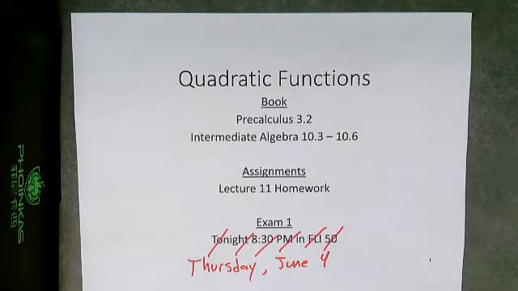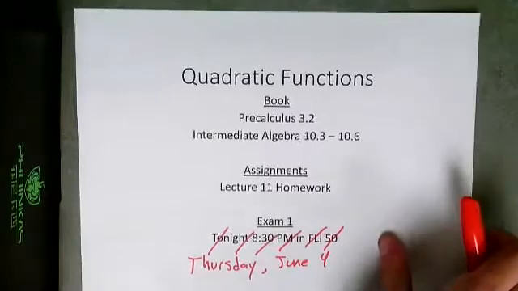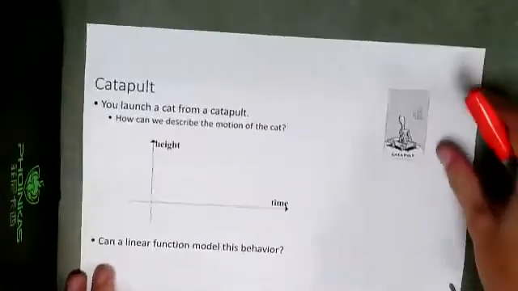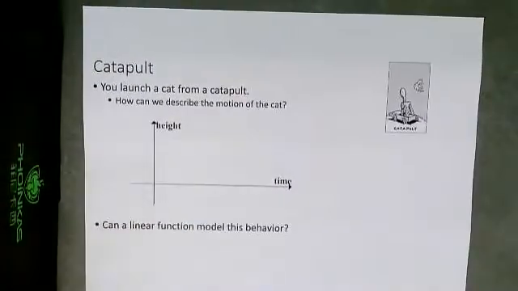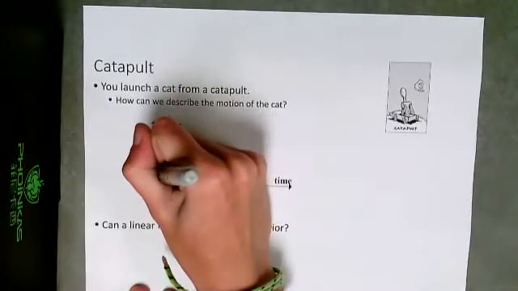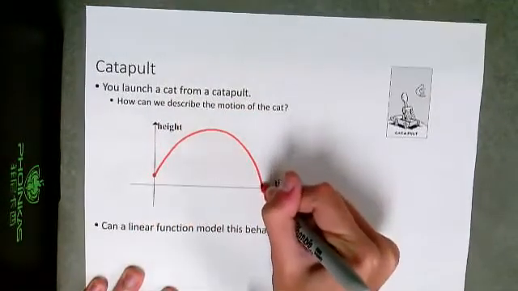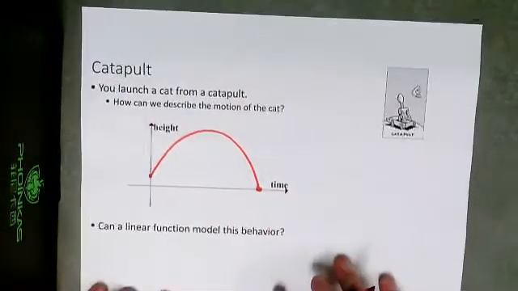All right, so let's get on to some quadratic functions. Now, suppose you want to launch a cat from a catapult. The catapult sits high up, so it's going to launch into the air and then hit the ground sometime over here.